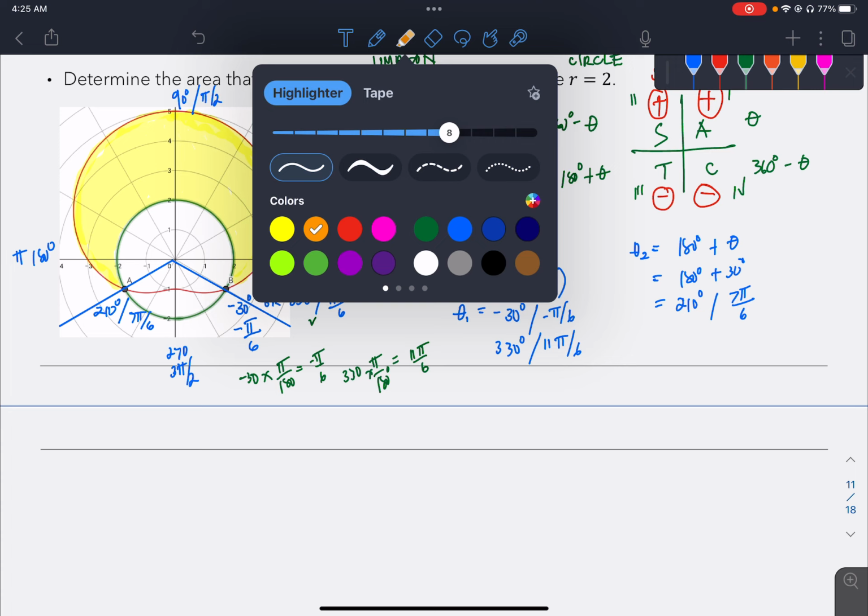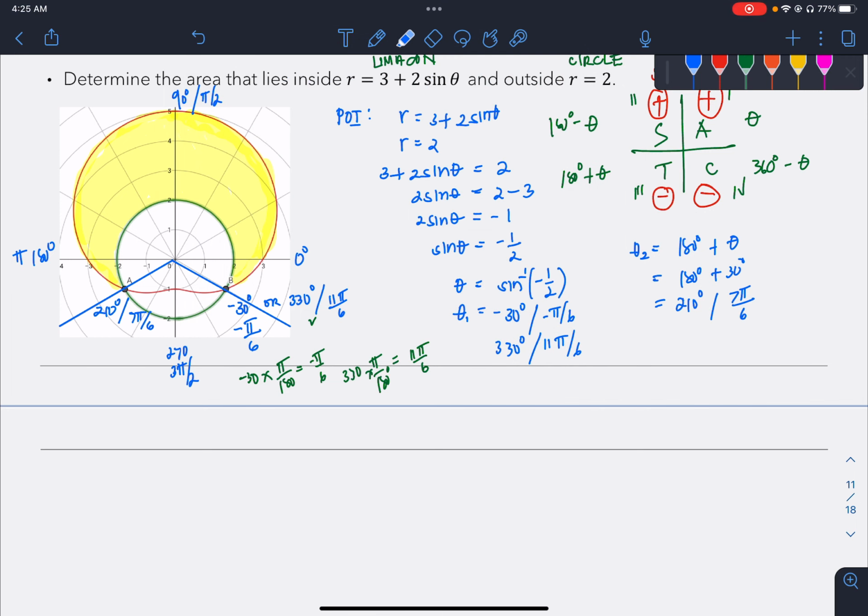What I'm just going to get is this one, from negative 30 degrees until 210 degrees. Therefore, this is just the area that I'll be getting.